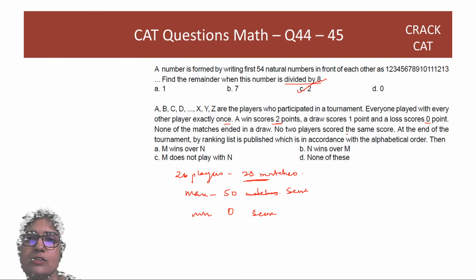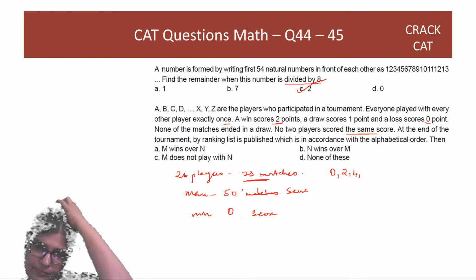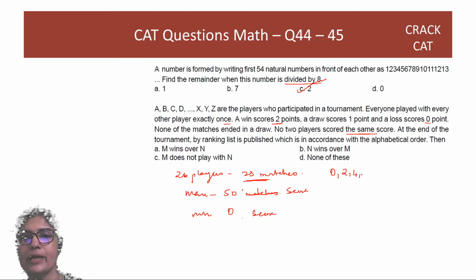Now, no two players scored the same score. Between 0 to 50, how many different scores can I get? The scores have to be 0, 2, 4, right? Either you win and you get a score of 2, or if you lose, you don't get anything. And no draw. Every match is a win or a loss. There's no draw, so 1 is not possible.